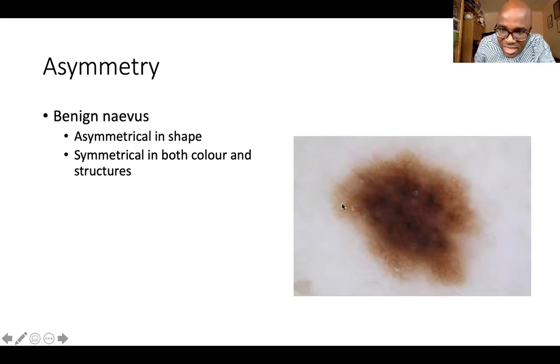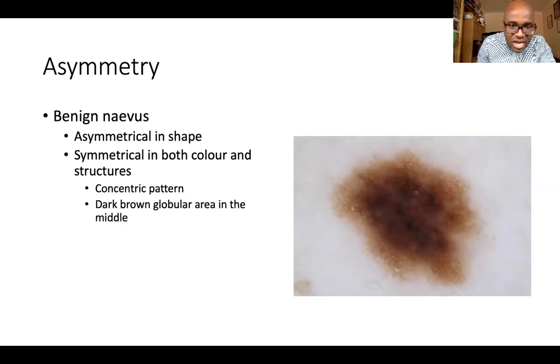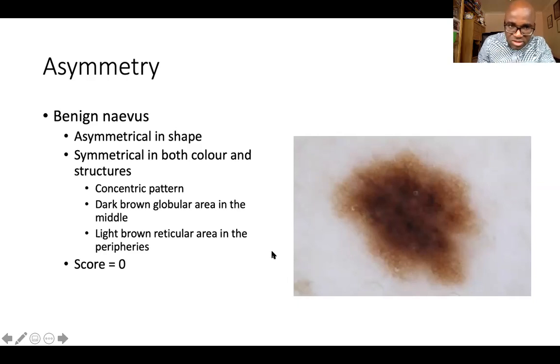So this is a pigment network, and the dark globules, this will be the globular structure in the middle, show you that this is a benign nevus, probably a compound nevus, but a benign melanocytic nevus on dermoscopy. Symmetrical both in color and structure. Concentric pattern, dark brown globular area in the middle, light brown reticular network on the peripheries. Score is 0 for symmetry. So this is symmetrical, therefore there's no asymmetry in this. Score is 0.